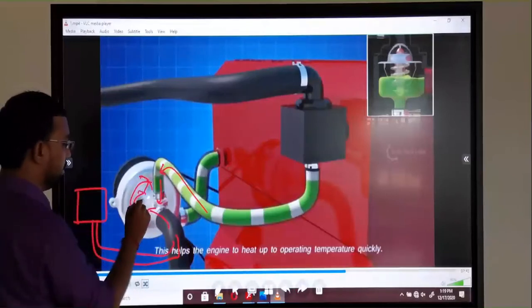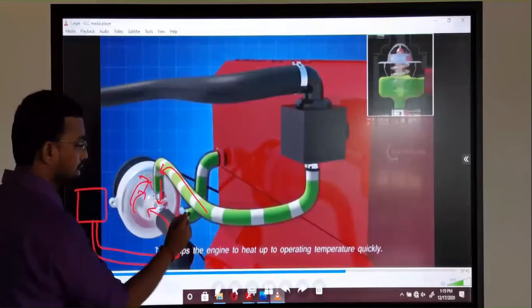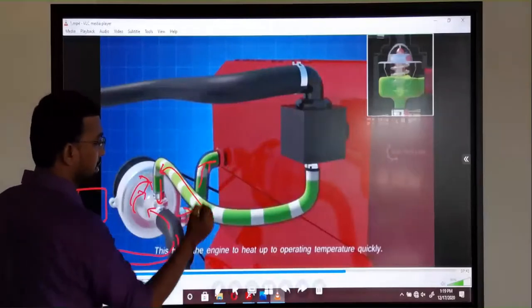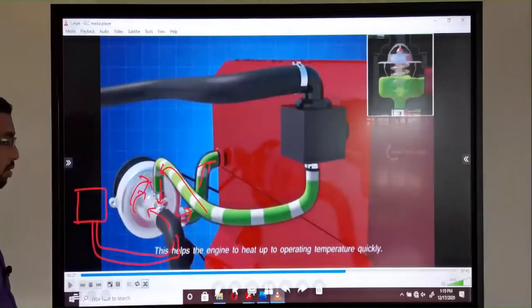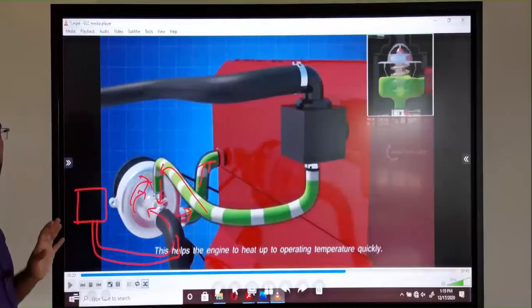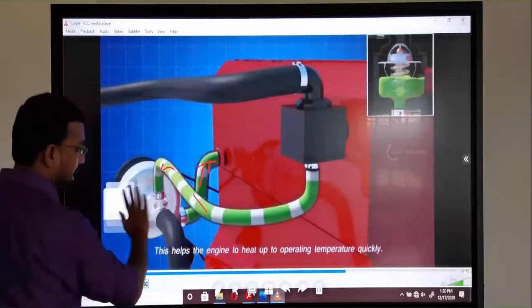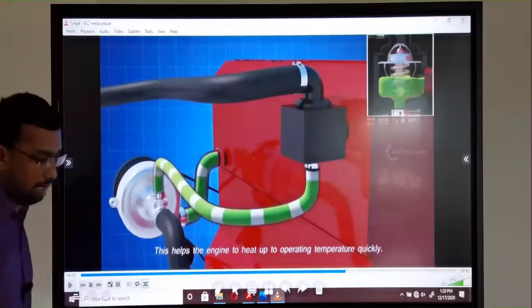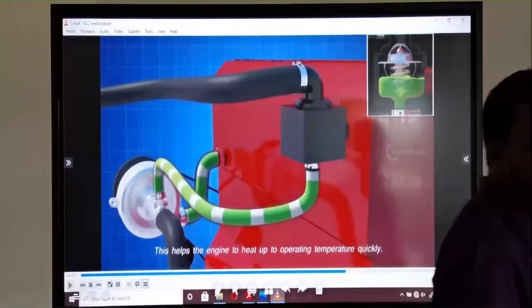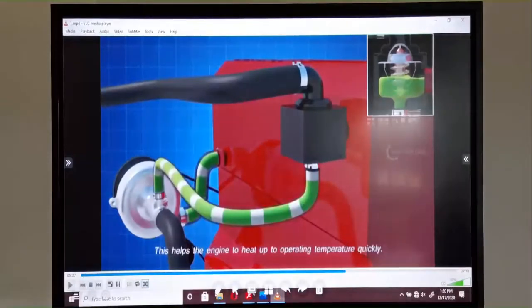Both are connected into this water pump and it supplies to the engine. Okay, this is the normal operation in the cooling time. Cooling time means a cold time.